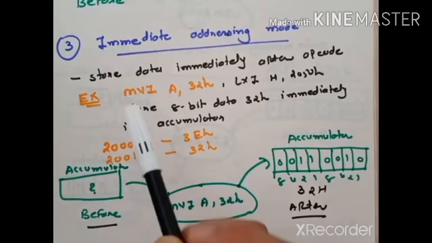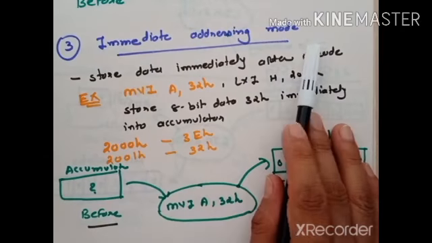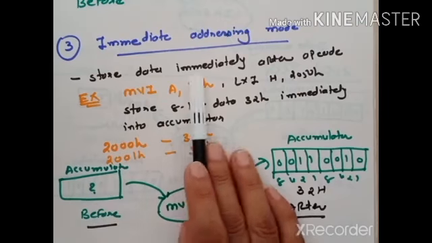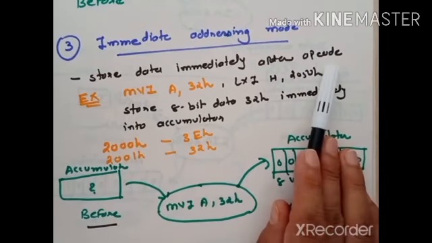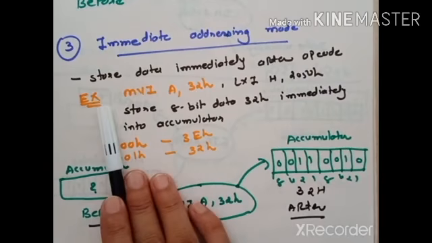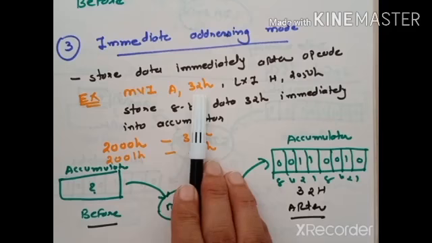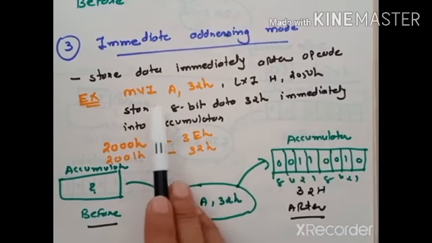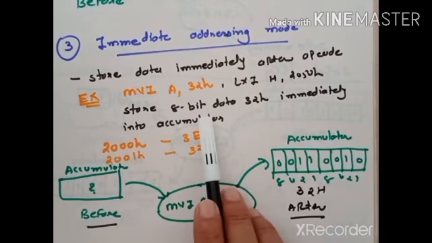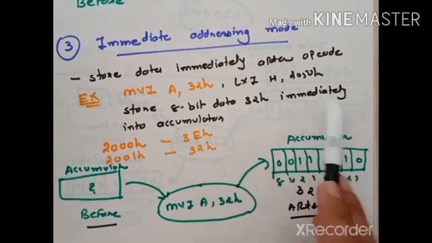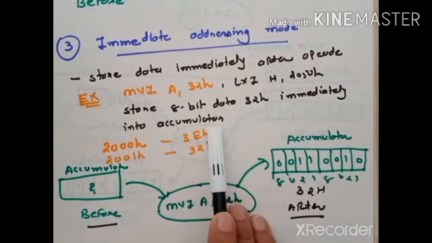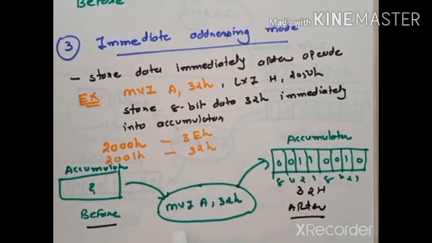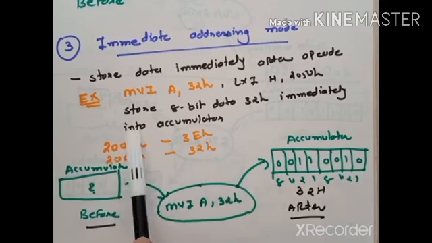The next addressing mode is immediate addressing mode. In this, data is stored immediately after the opcode. An example of that instruction is MVI A, 32H, or LXI H, 2050H. This MVI A, 32H stores 8-bit data 32H immediately into the accumulator. MVI A, 32H is a 2-byte instruction, that's why it requires 2 memory locations for storage.